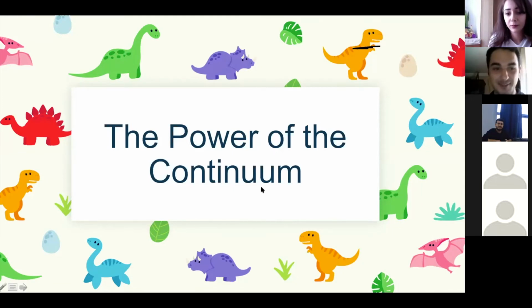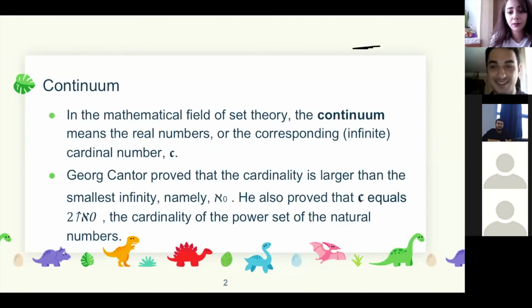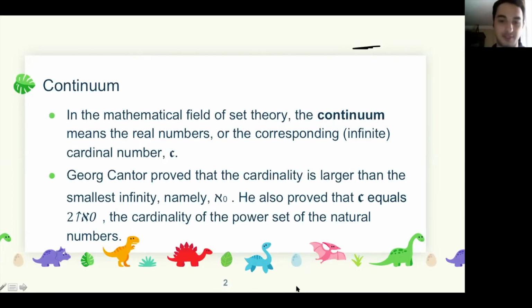In the mathematical field of set theory, the continuum means the real numbers, corresponding to the cardinality of the real numbers, an infinite cardinality. Georg Cantor proved that this cardinality is larger than the smallest infinity, namely Aleph null.